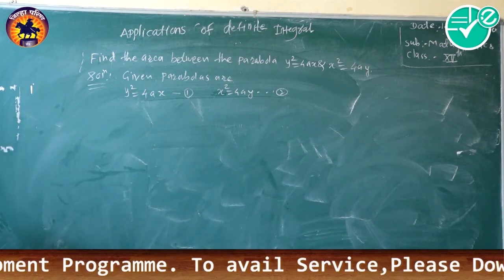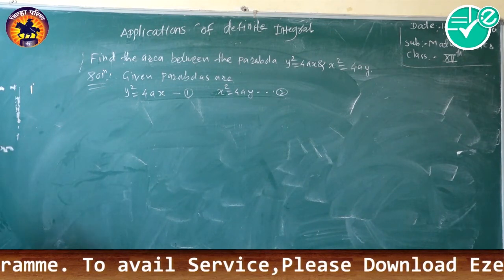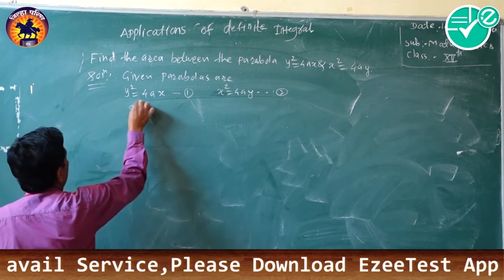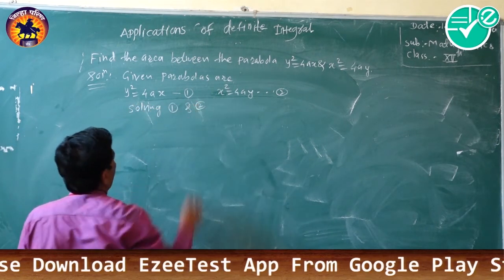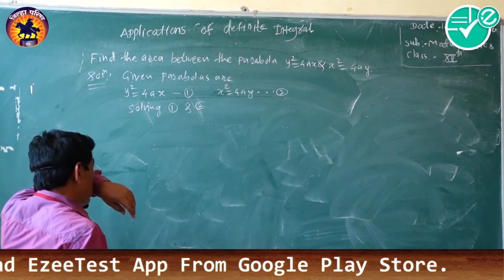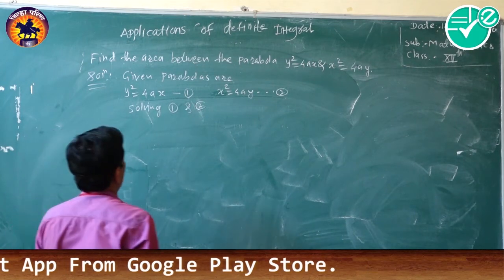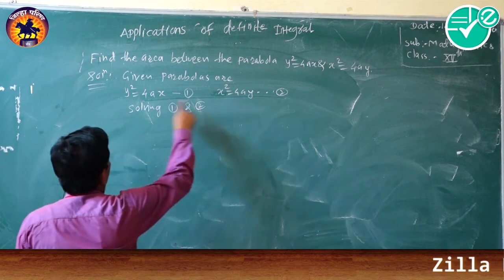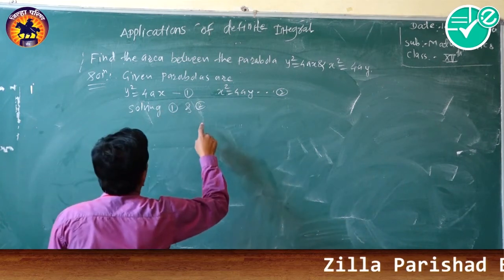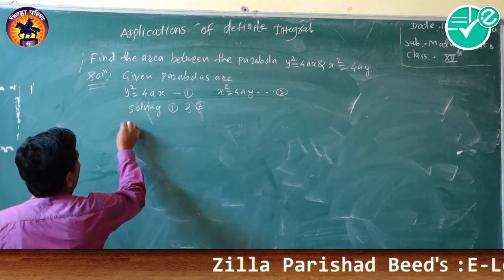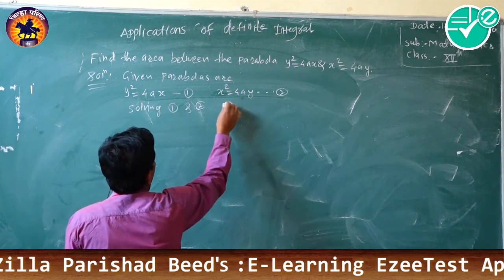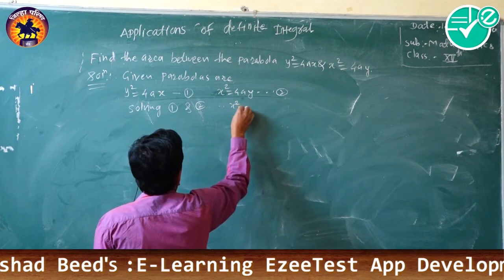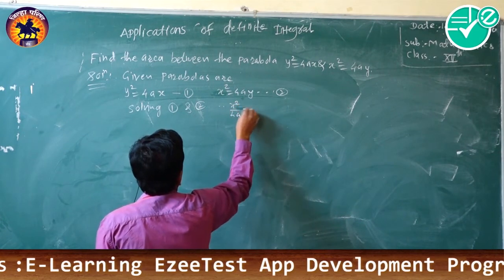Now solving equation 1 and 2, substituting value of y here, from equation 2 we can write, therefore x square by 4a is equals to y.